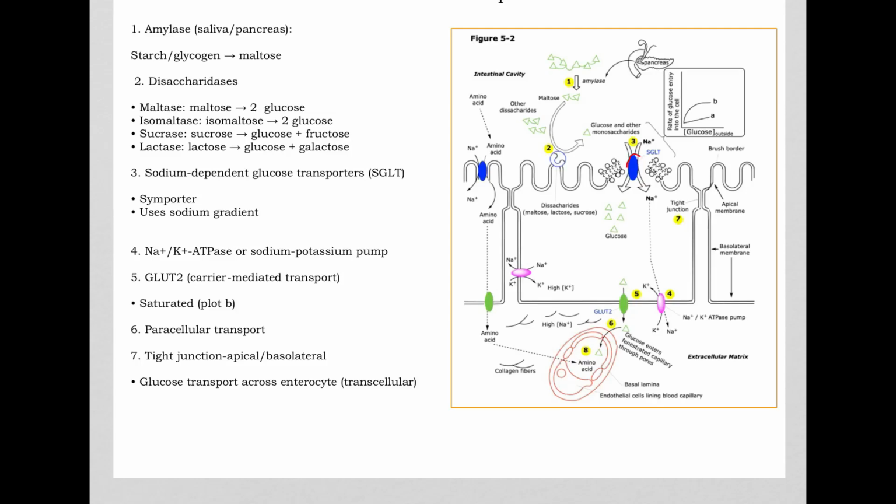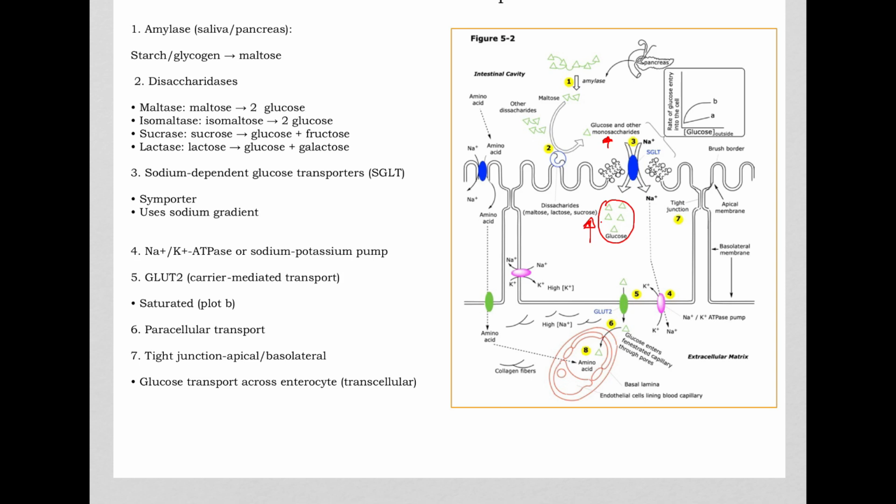Now, this SGLT protein not only brings in sodium, it simultaneously also brings in glucose. So using the sodium gradient, glucose from the GI cavity will enter into the enterocyte. As more and more glucose enters, there's a possibility that the concentration of glucose is very high inside the cell, while it might be very low in the GI cavity.